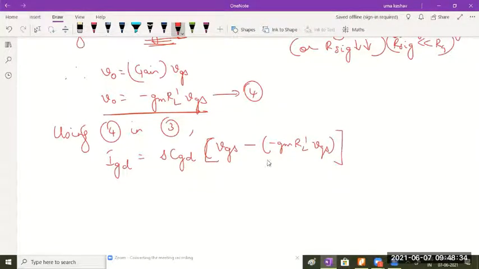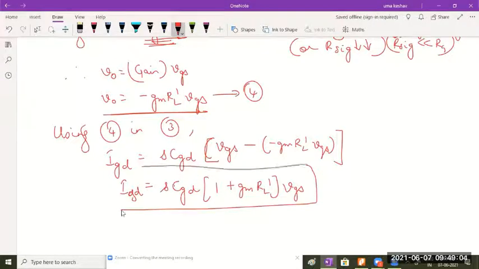This is the expression. Let me simplify this. VGS also can be taken as the common factor. What is left here: 1 minus into minus, plus GM RL dash. So I can write this gate to drain current IGD as SCGD into (1 plus GM RL dash) into VGS. Let me call this expression equation 5.